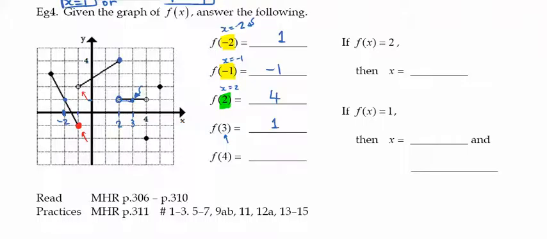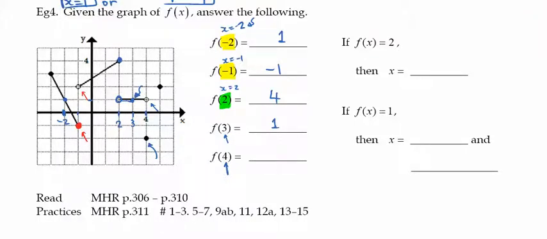Latterly, what about the next one? When x equals 4, what is the output from your function? When x equals 4, here is x equals 4. Would it be this point or that point? The bottom one or the empty one?